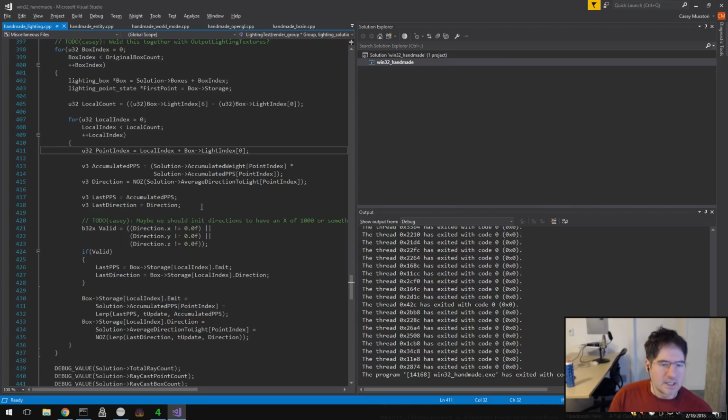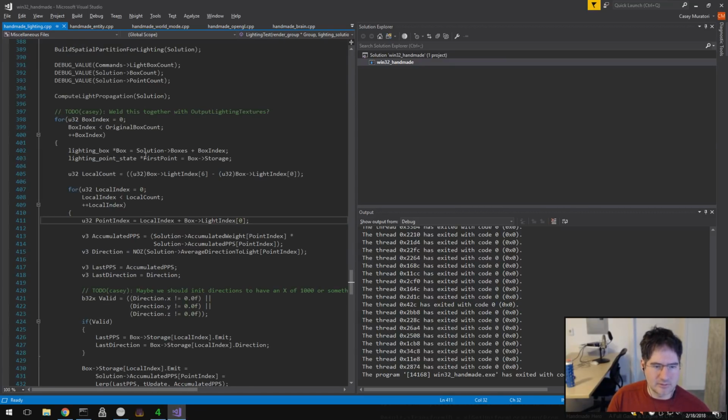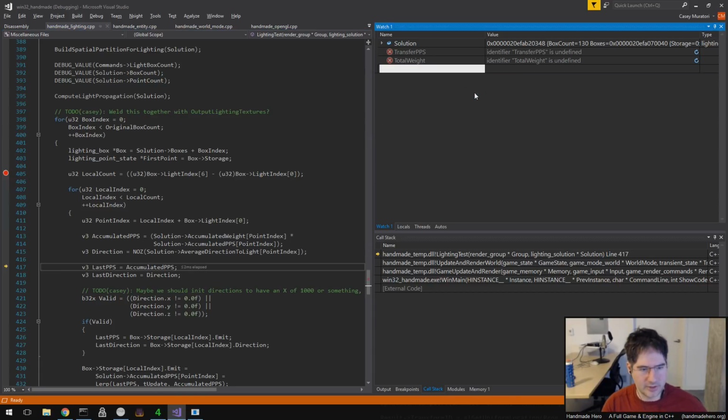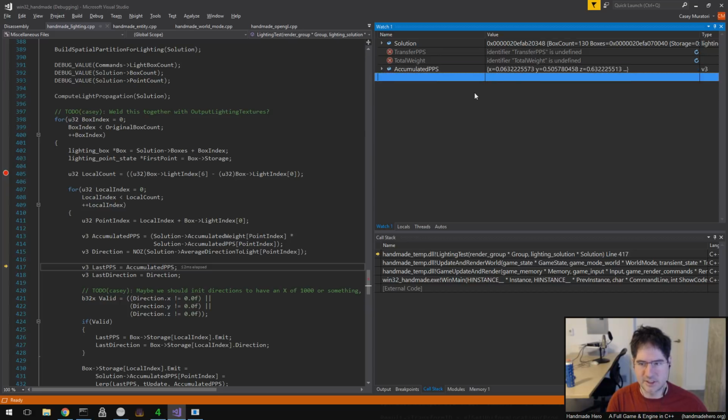All right. So let's go ahead and check this out now that it's actually going to enter the part of the loop that we care about there. So for any particular point here, we're going to use the accumulated PPS value. There's how much light it thought it received. Here's the direction it thought it was coming from.